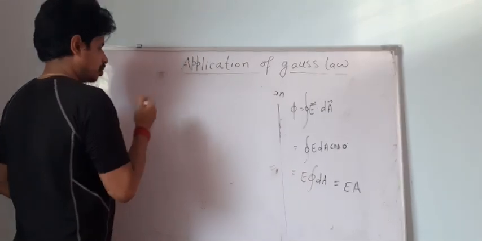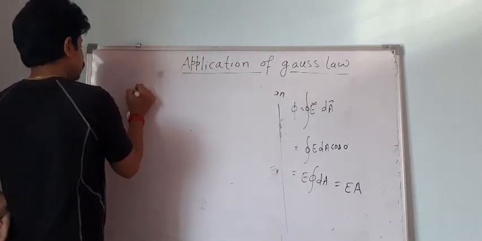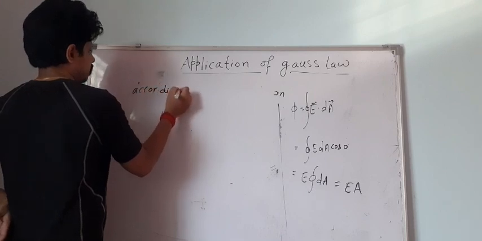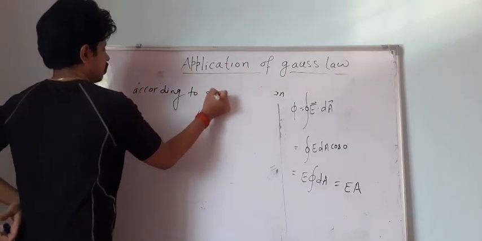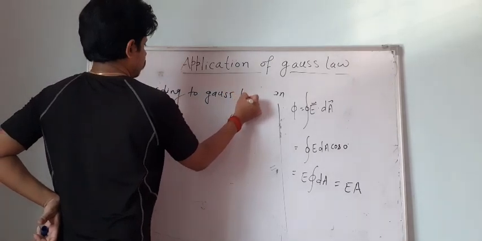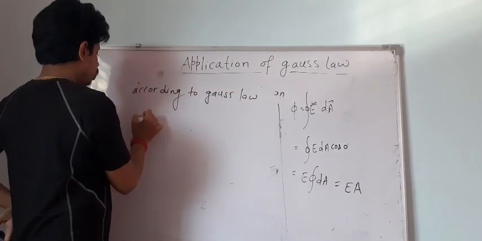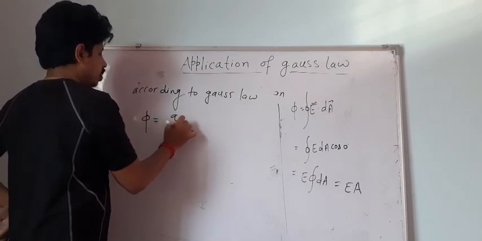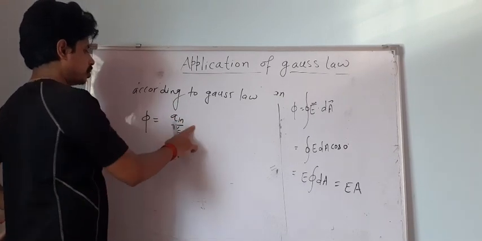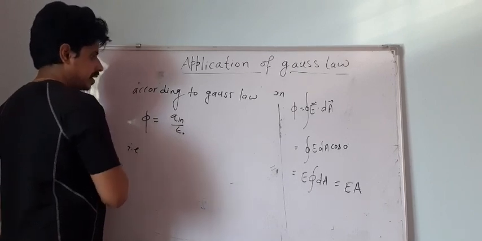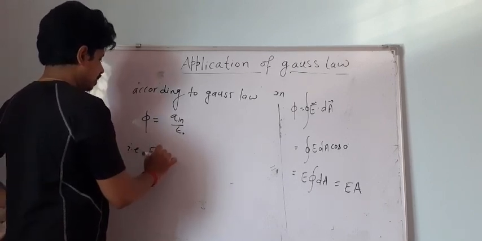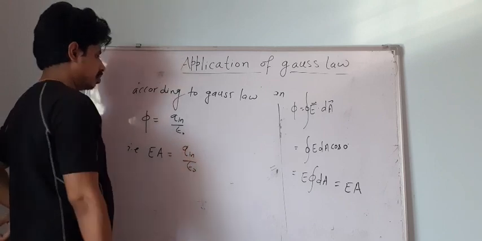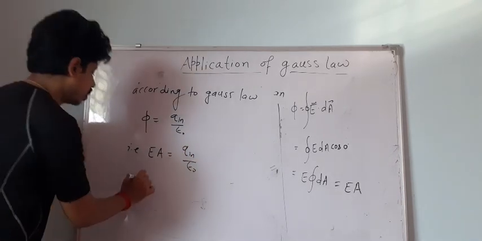Now, according to Gauss law, phi must be equal to Q in by epsilon naught, that is, E into A must be Q in by epsilon naught.